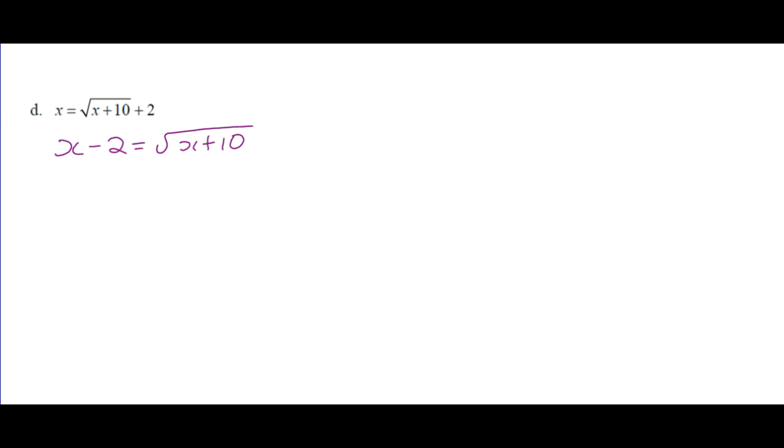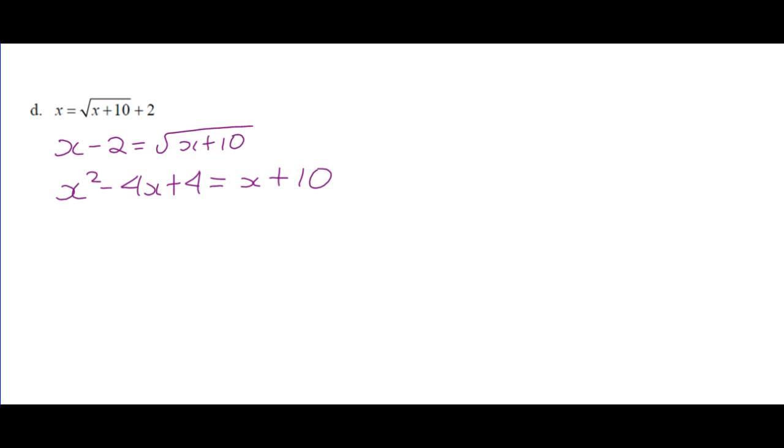Okay, now we square both sides. What's the left side? Okay, x squared minus 4x plus 4, right?